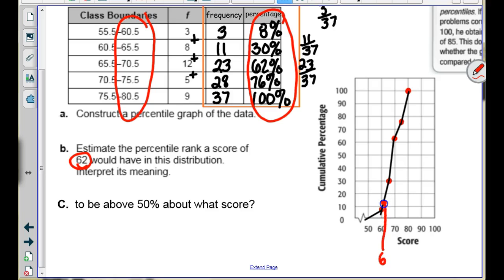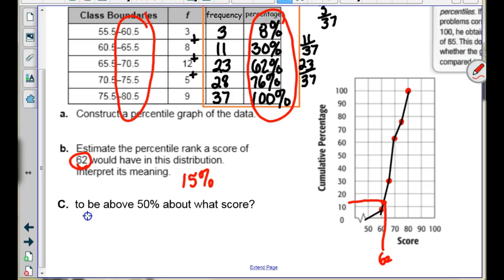See what I'm talking about? 62. So what do you want to call that? I don't know, 15%? Does that seem reasonable on your graph or not? It's not a great score either way, but we could say you were at the 15th percentile. It's somewhere in here. It's below 30, but above 8.